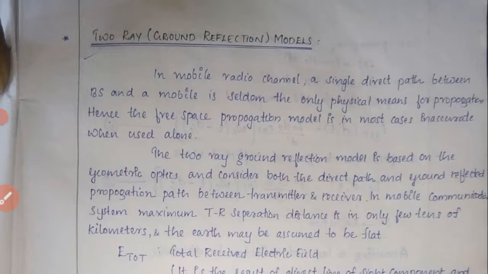If there are no obstacles in between and there is a direct path, then we call it a line of sight path. We also discussed the power received in the line of sight path and the Fraunhofer region. Today we are going to discuss the two-ray ground reflection model.